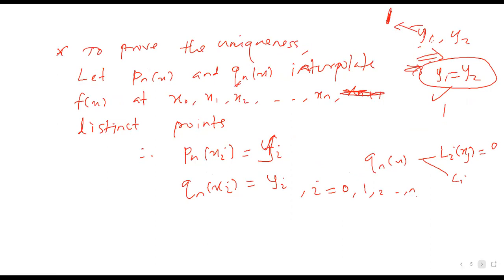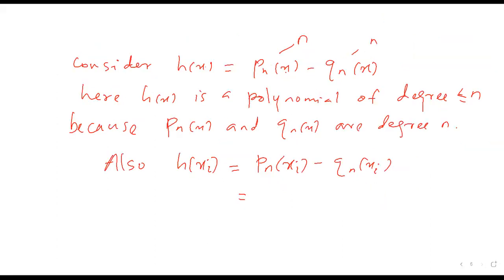So this will be yi and this will be minus yi, and then only I can get 0, for any i equal to 0, 1, 2 up to n. So I get h of xi equal to 0.